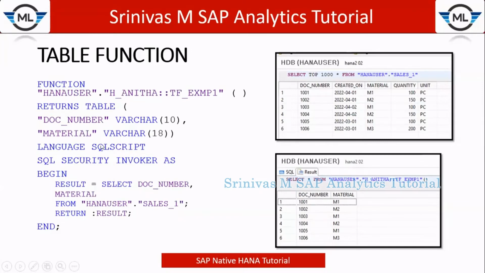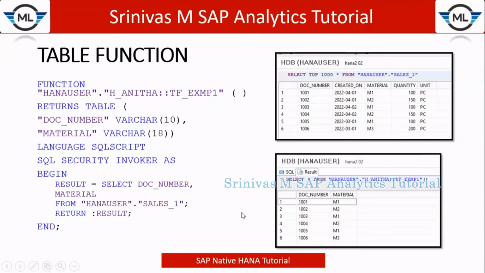In our previous examples we wrote one example where we created a procedure and tried to update one of the database tables with new records. But in a table function you cannot perform such operations. You can write SQL code in a table function, but all the SQLs are only read SQLs.